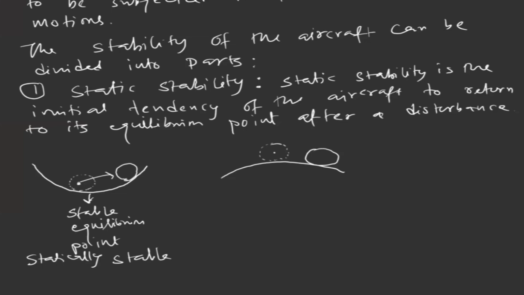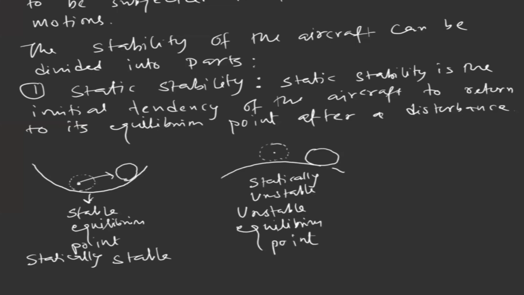If the system has this kind of phenomenon, we can say the system is statically unstable, and this is an unstable equilibrium point.